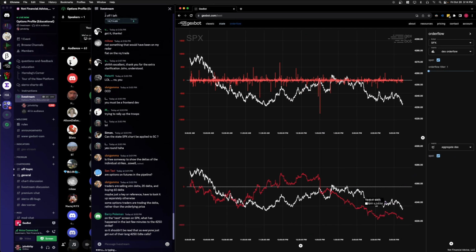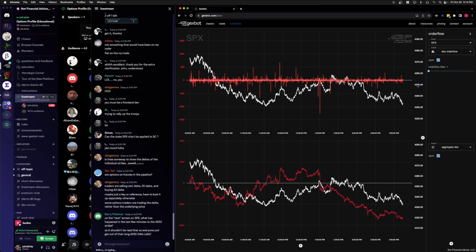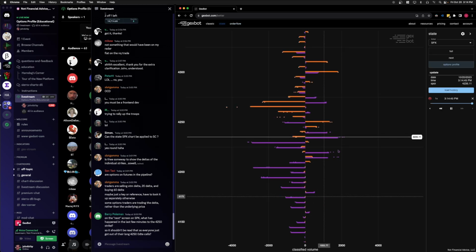Okay. I guess aggregate dex on SPX kind of does think so. Oof. Okay. Yeah. Pretty decent time to try a long, actually. There we go.